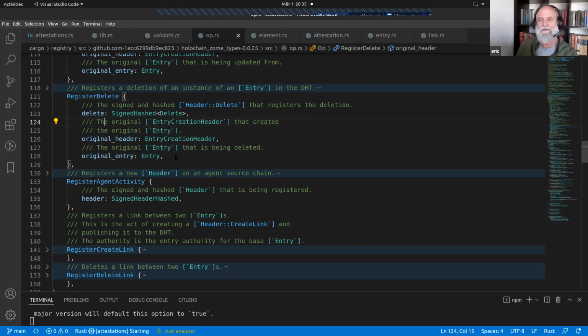Okay, look. Let's go back to what a header is and why you think that it's the case. Remember that the real difference between a header and an entry is that if you think about speaking, there is the thing that you say, and then there is the context of the speaking.